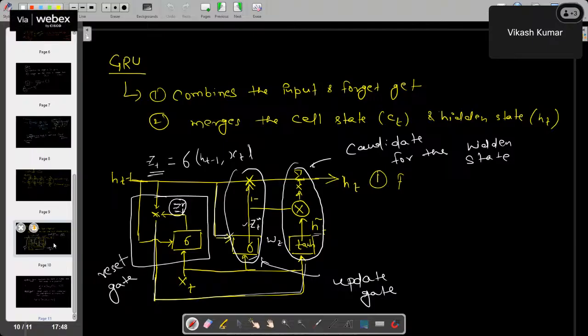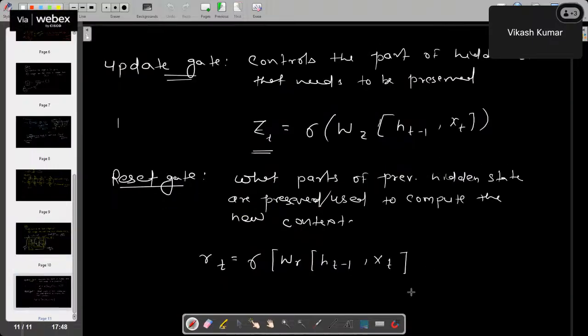This is the sigmoid function, and this could be the weight matrix, and this is the whole thing.